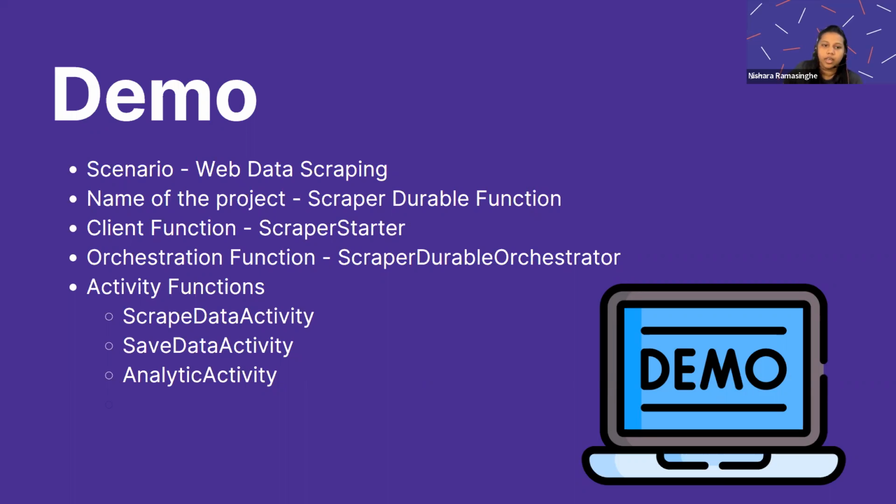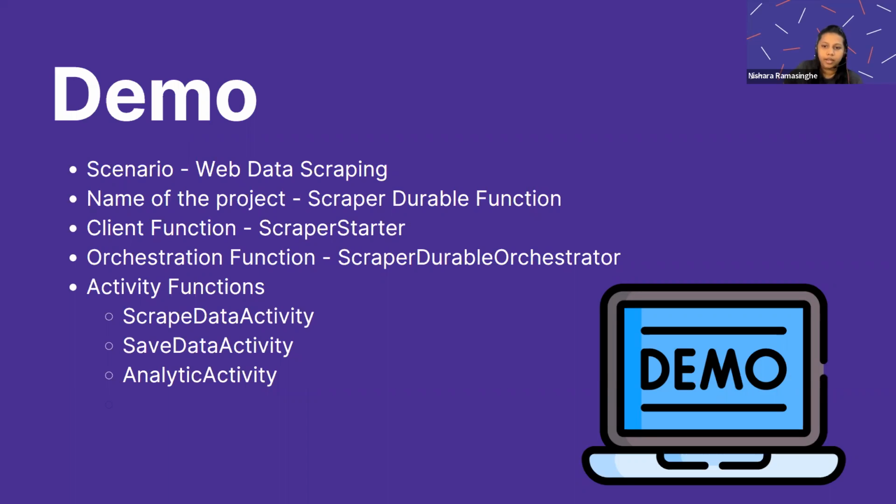So for an example, I took a web data scraping scenario. In web data scraping scenarios, what we normally do is scrape data from the selected website, and then store it in our database. And in most cases, we run another set of algorithms on the collected data depending on our requirements, and map those data according to our business purpose.